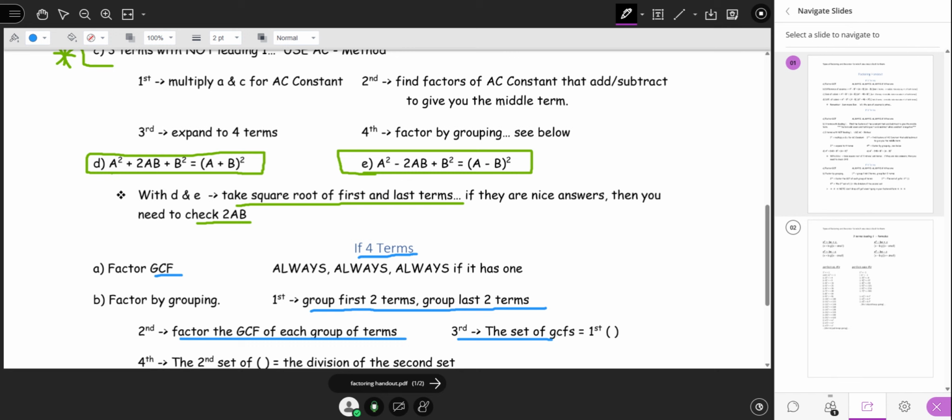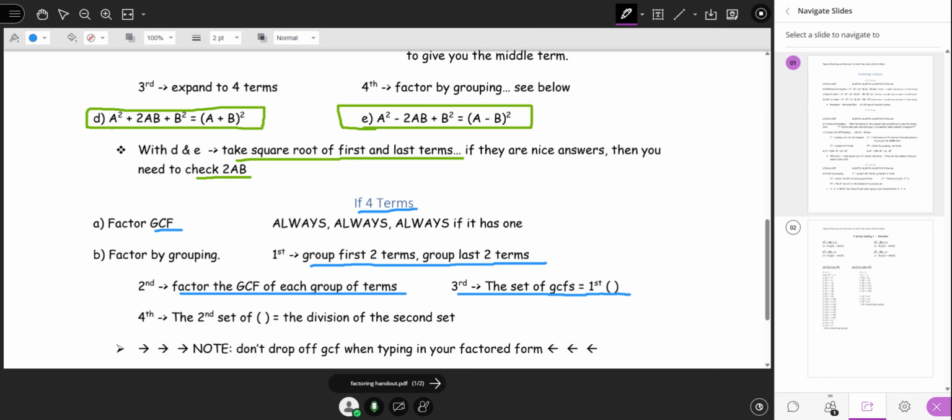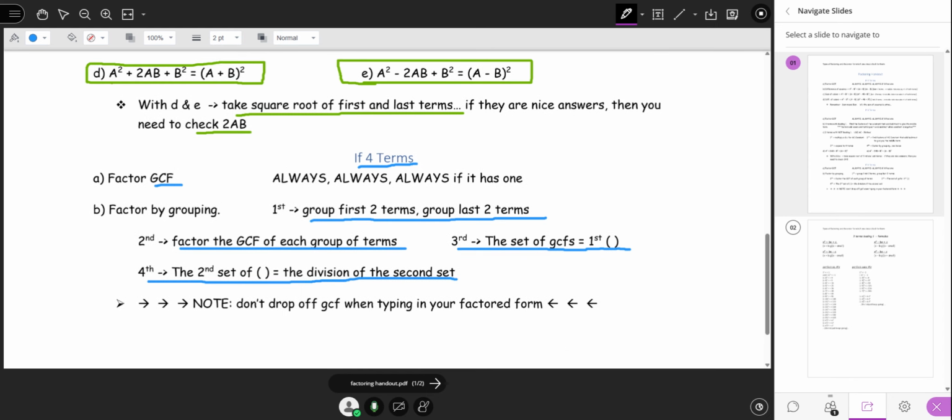Third, the set of GCFs is your first set of parentheses. Fourth, the second set of parentheses is the division of the second set. Note, don't drop off your GCF if you've got a GCF when you're typing in your factored form.